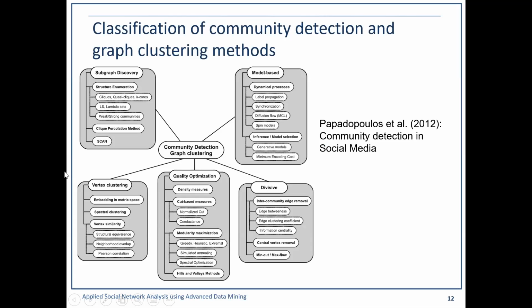We will focus on those 3 areas: vertex clustering, quality optimization, and divisive community detection. For each one of those 3 areas, we will see one candidate technique, together with R code. So what you mentioned yesterday, today I'm going to share R code, at least for quality optimization and for divisive community detection. So from then on, you do have one R code in order to do community detection.